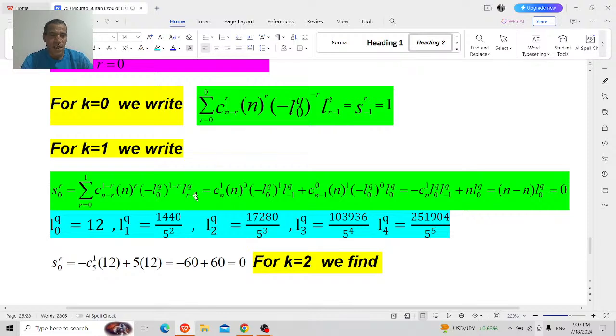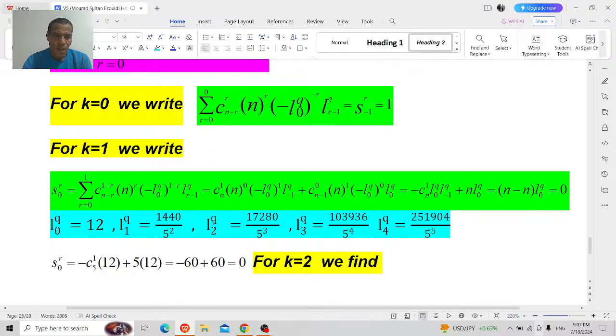After expanding this sum, we obtain S0 of order q equal negative n times L_{n-1} of odq plus n L0 of odq. The value of S0 is always 0.